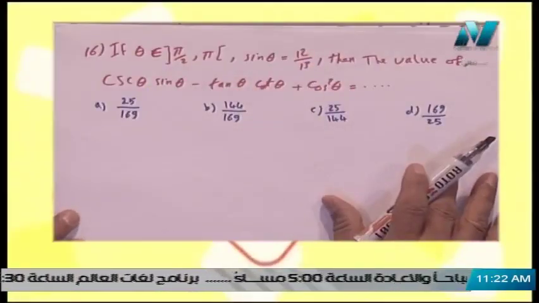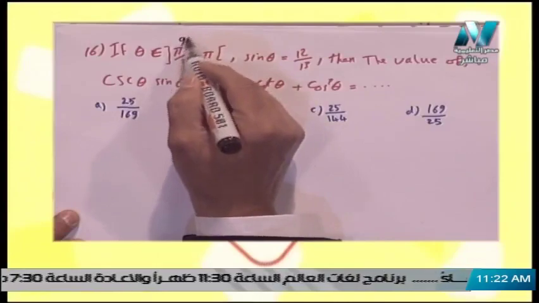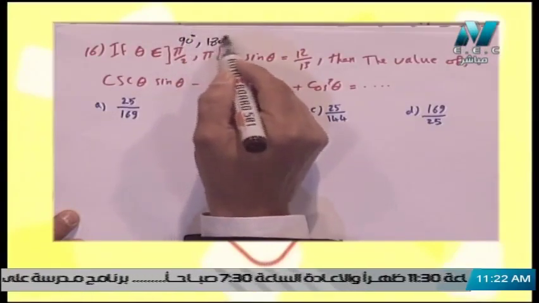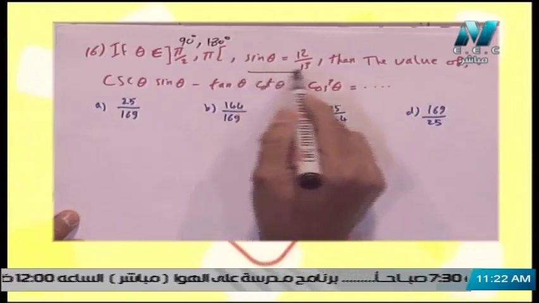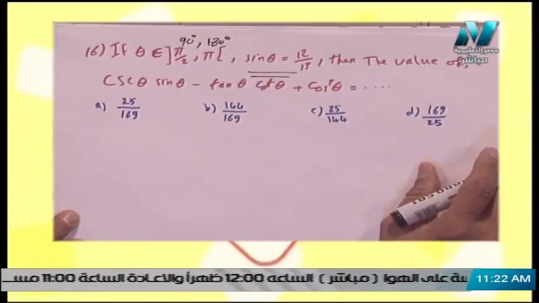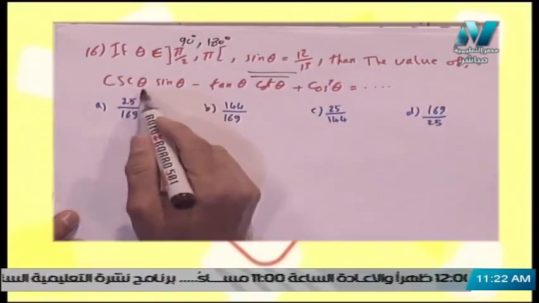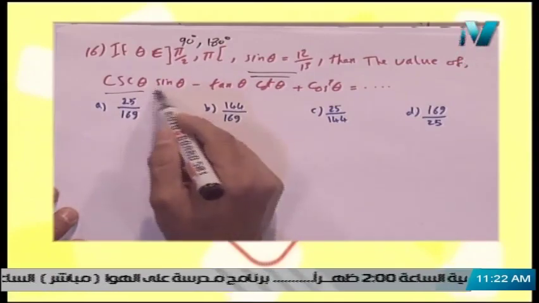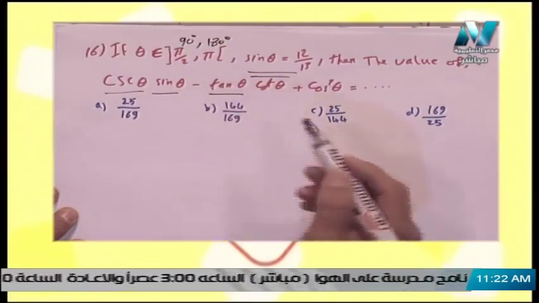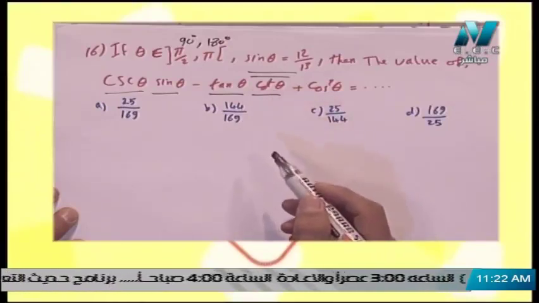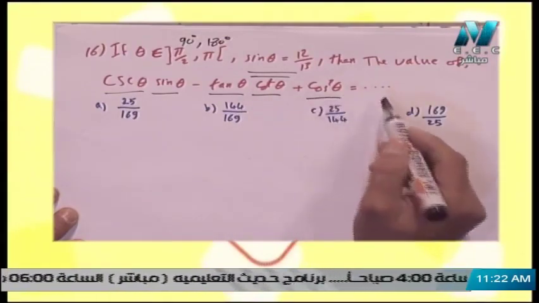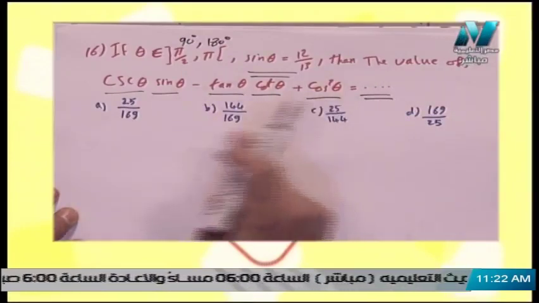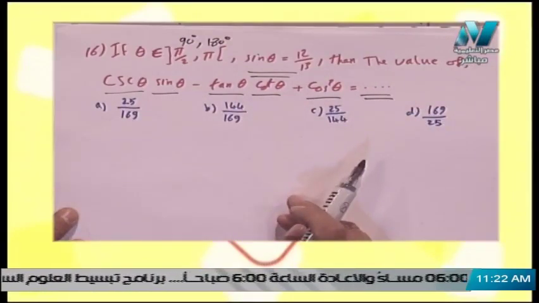If theta here is between pi over 2 and pi, which means between 90 degrees and 180 degrees, and sine theta equals 12 over 13, then the value of cosec theta, which is the reciprocal of sine theta, multiplied by sine theta, minus tan theta multiplied by cotan theta, plus cosine power 2 theta equals space. Which of these four results?